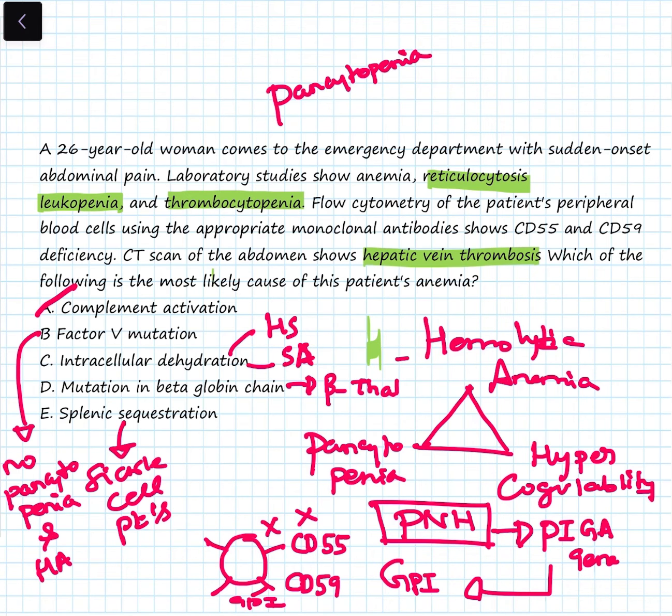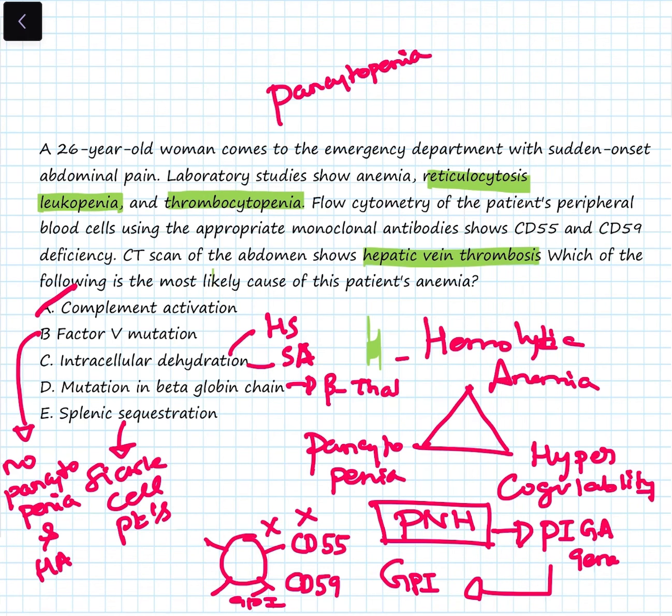So that's about the case of PNH, which came to us with sudden onset severe abdominal pain, and lab reports revealed pancytopenia and flow cytometry, classically seen in PNH, with CD55 and CD59 deficiency. The CT scan of the abdomen shows hepatic vein thrombosis, which is indicative of hypercoagulability.